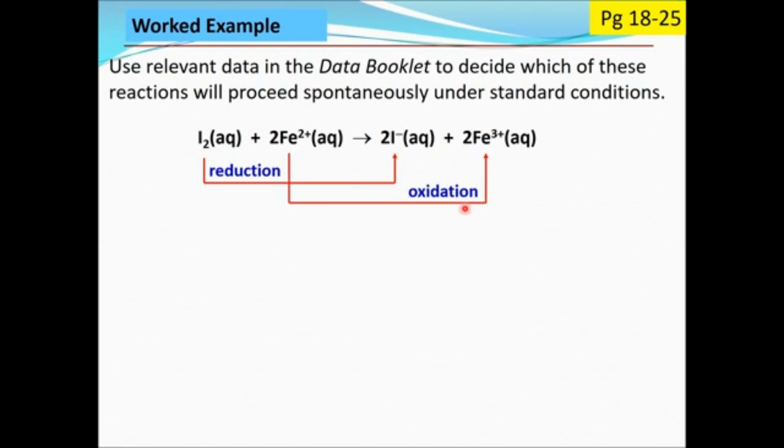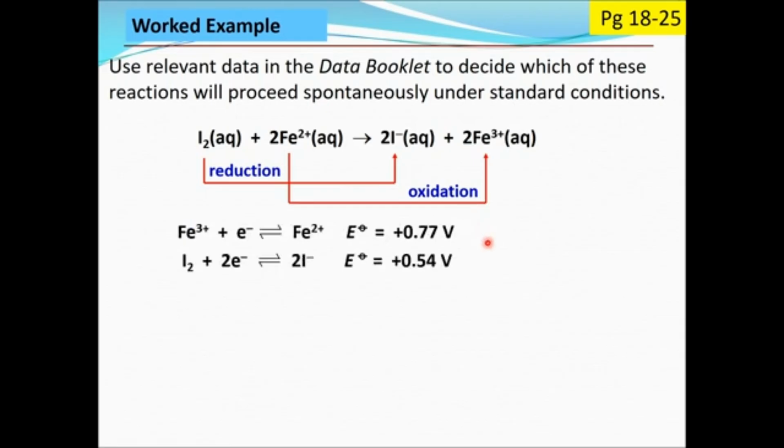So while you can pick out these two half equations and their relevant electrode potential values, you cannot decide how to substitute them in as if they are half cells, right? You can't do it the same way as we have done in section 5 earlier. They are not half cells. Basically, you have already decided which half equation is undergoing reduction and which is undergoing oxidation.